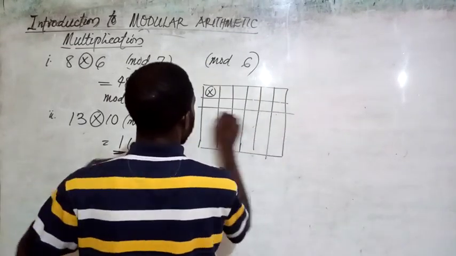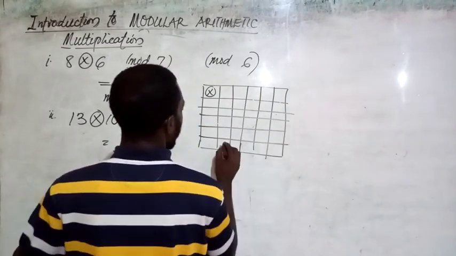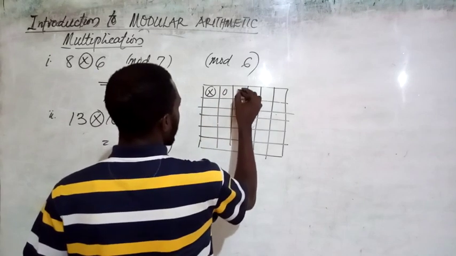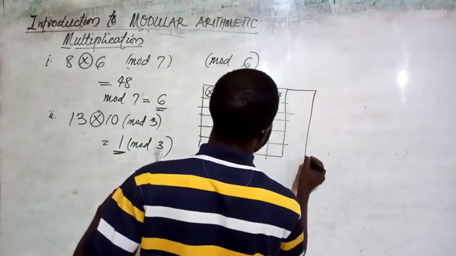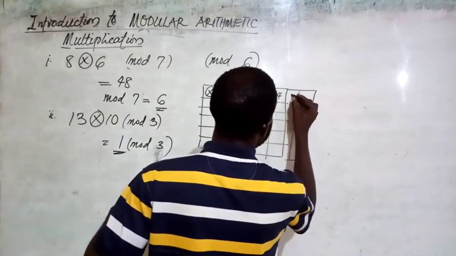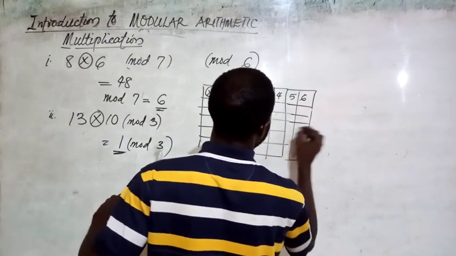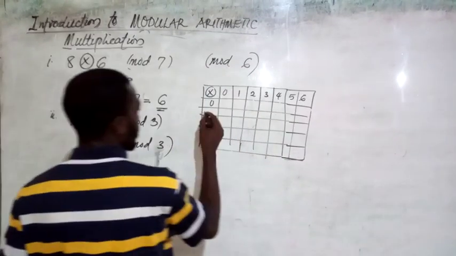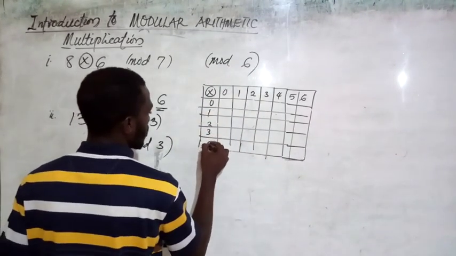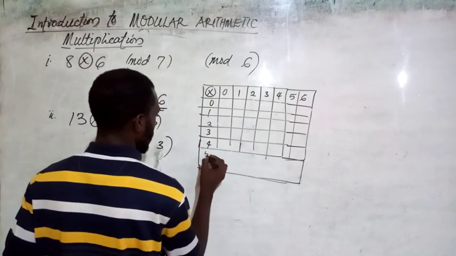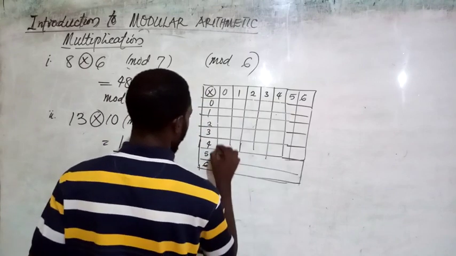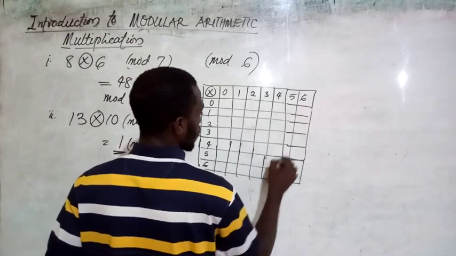So we have 0, 1, 2, 3, 4, 5, 6 across, and then 1, 2, 3, 4, 5, and 6 down.